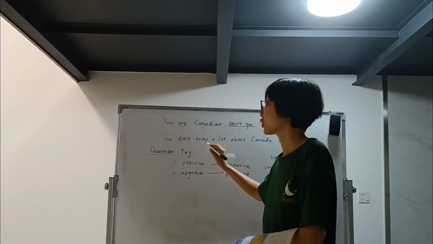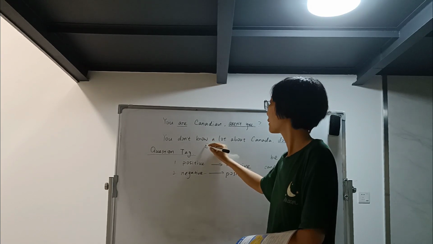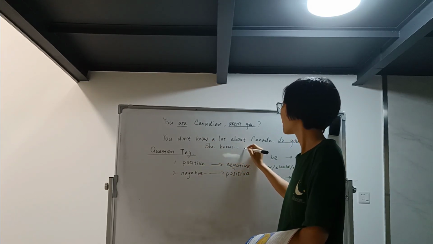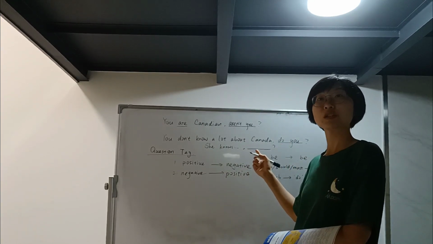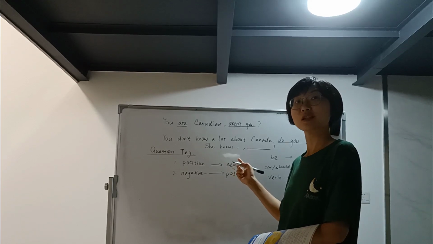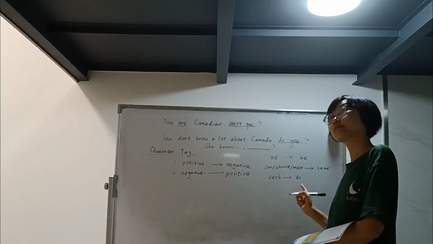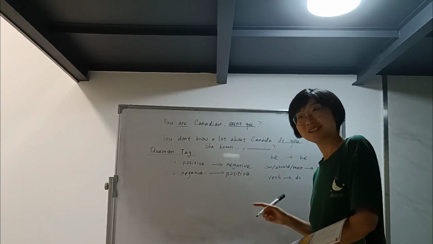But what if I change it to, like, she knows. What should we use here? She knows. So first it's a verb, so we use do, but it's a she, so we change it into does.